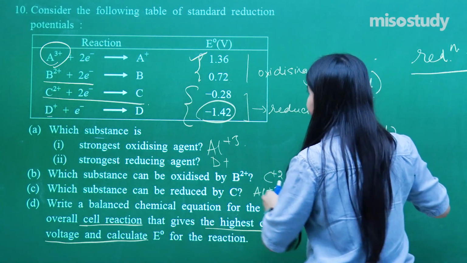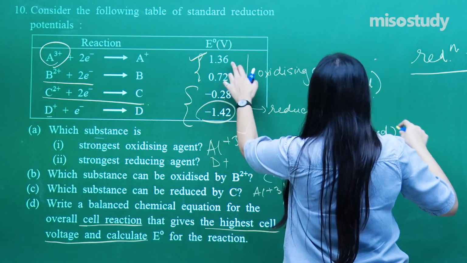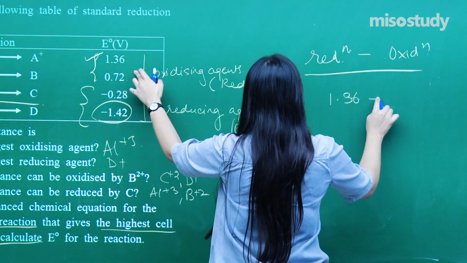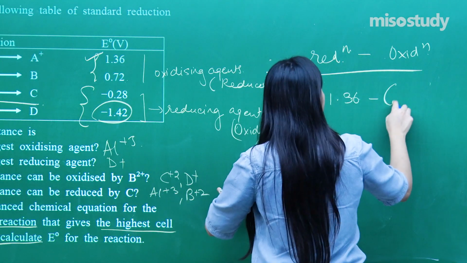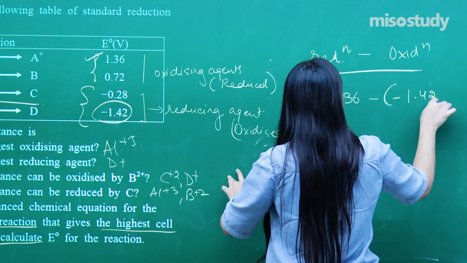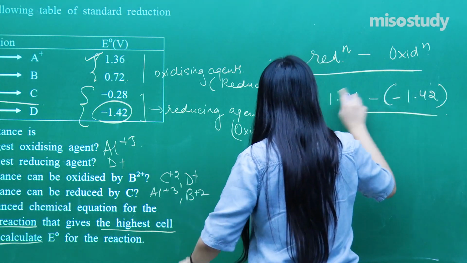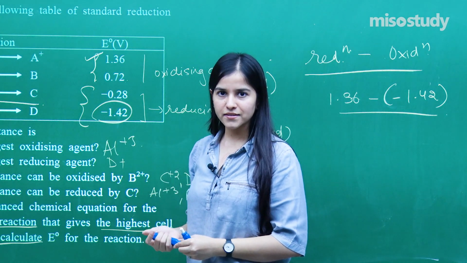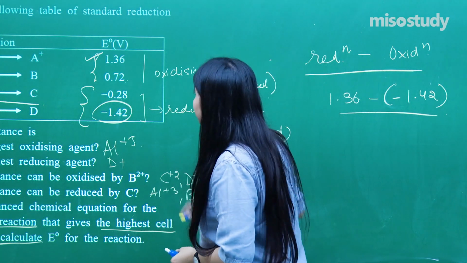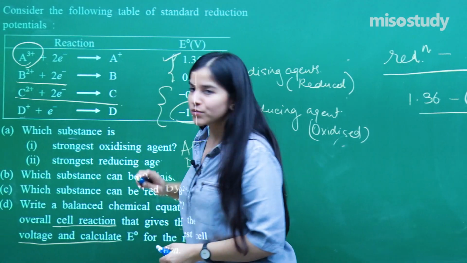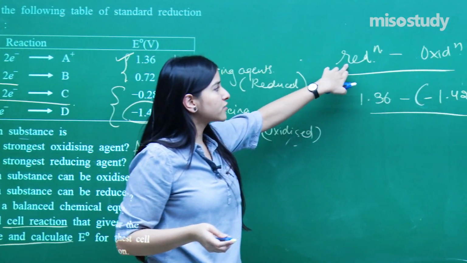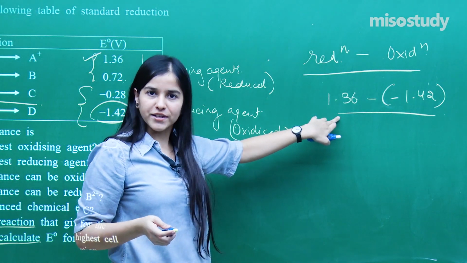Tell me. So, see, if I add up this and minus of 1.42, right? These two values, I'll be getting the highest of all, right? That means, see here, this is the reduction process which is happening, so we can have this reduction process over here. We can take up this value very well.